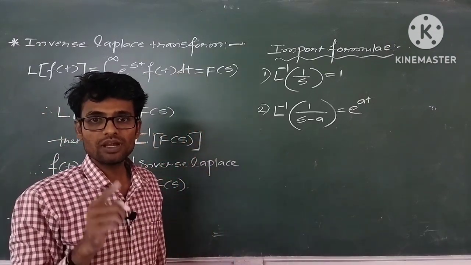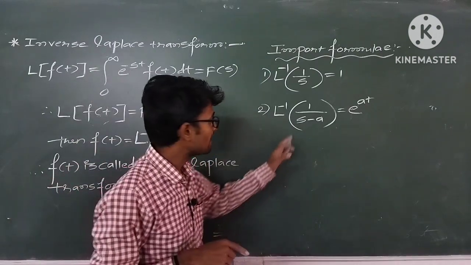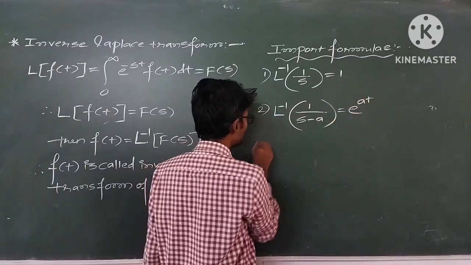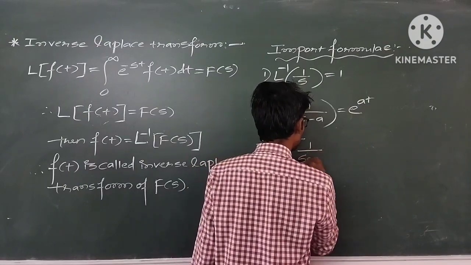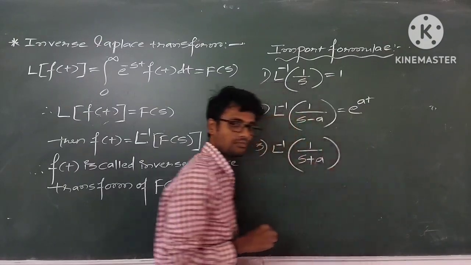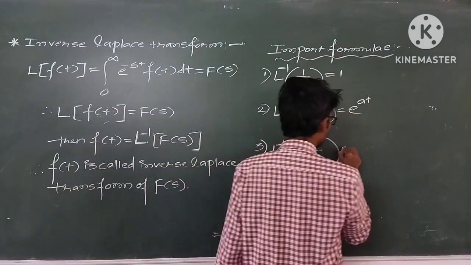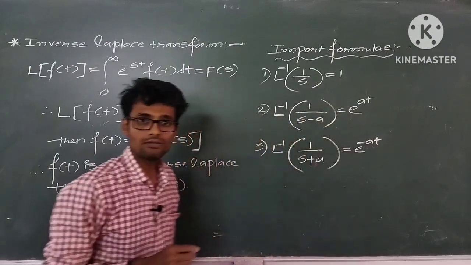So inverse Laplace transform of 1 divided by s minus a equals e raised to at. Next, third one, inverse Laplace transform of 1 divided by s plus a is equal to e raised to minus at.